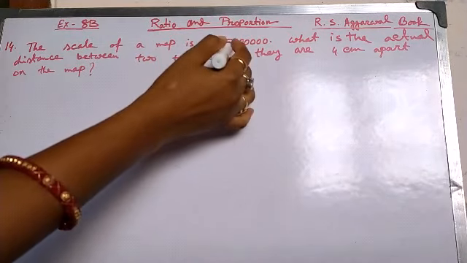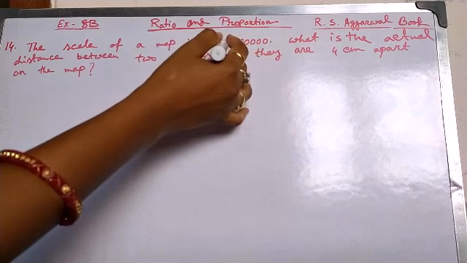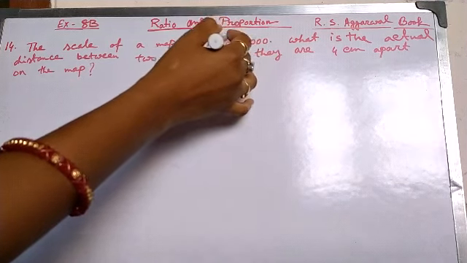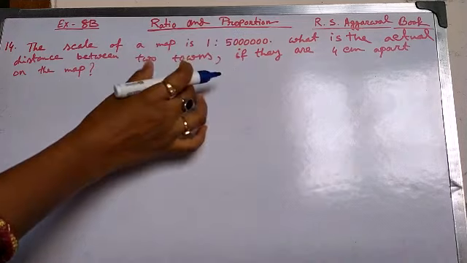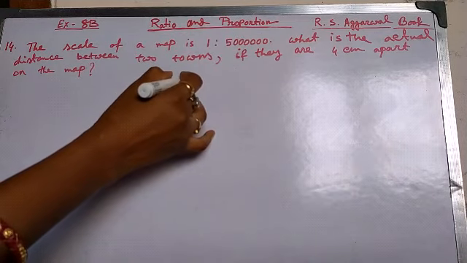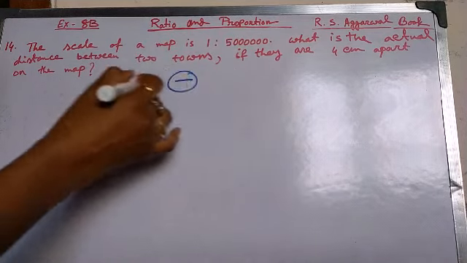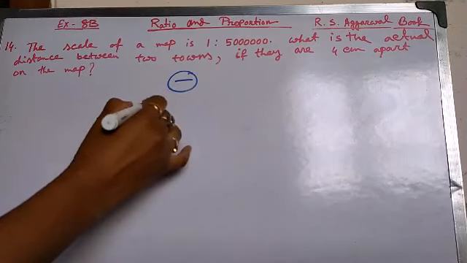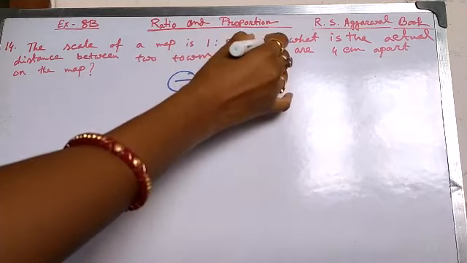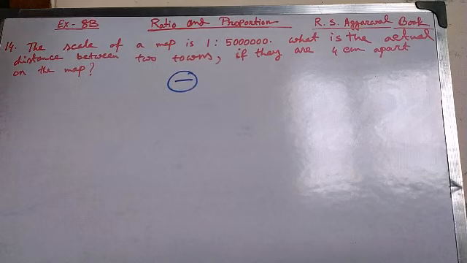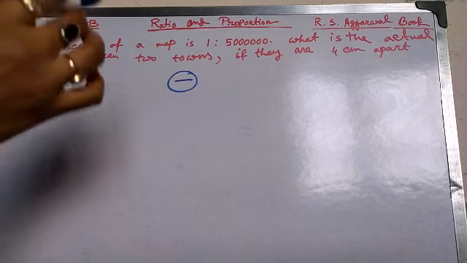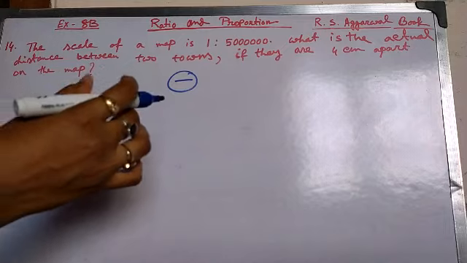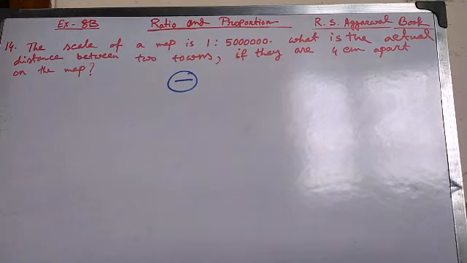Actual distance means between two towns. If the distance is 1 cm on the map, then the same scale applies for the towns. That means for 1 cm the actual distance is 50 lakh centimeter.